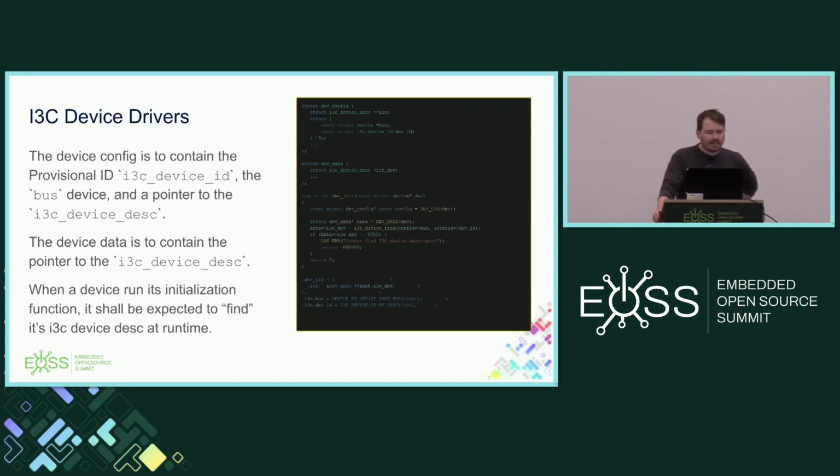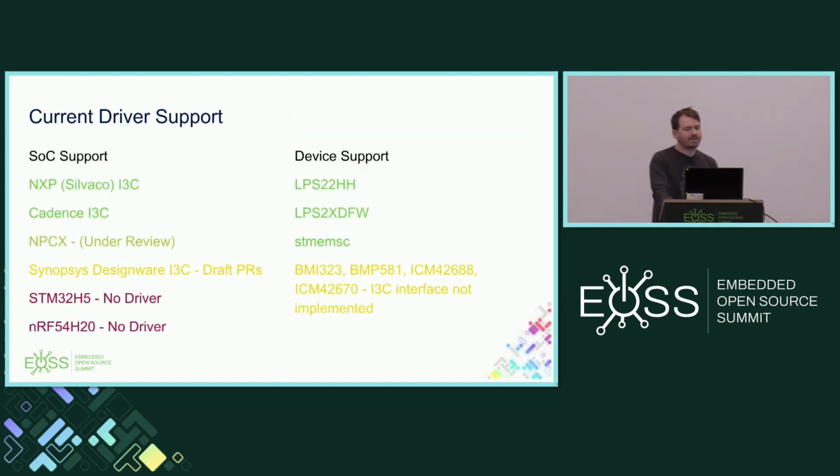During the initialization functions of these sensors, for example, it's up to the device to find its I3C device descriptor at runtime. So you have the bus, the device ID you read in that should be in your device config, and then you should go get the I3C device descriptor, which should be stored within the device data.